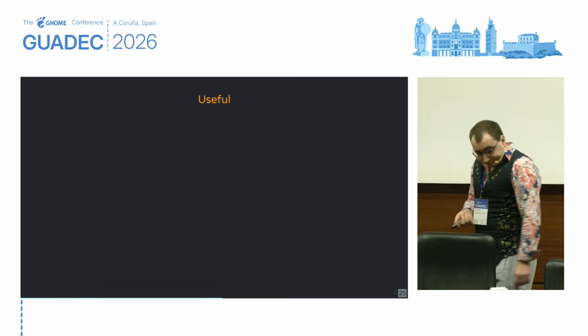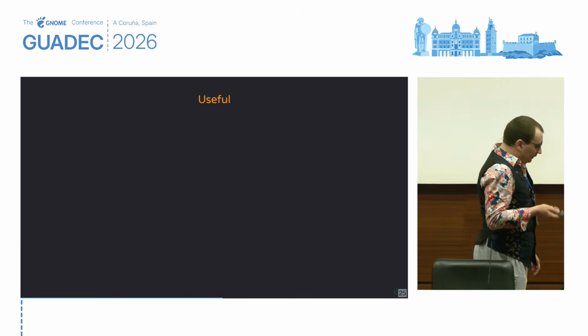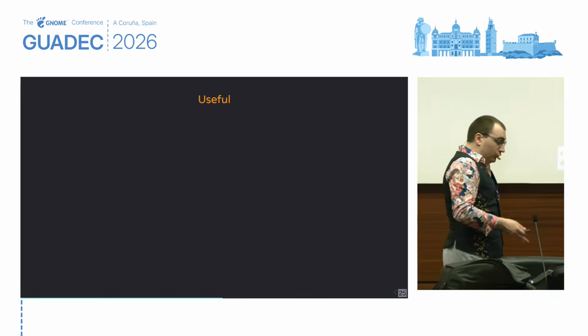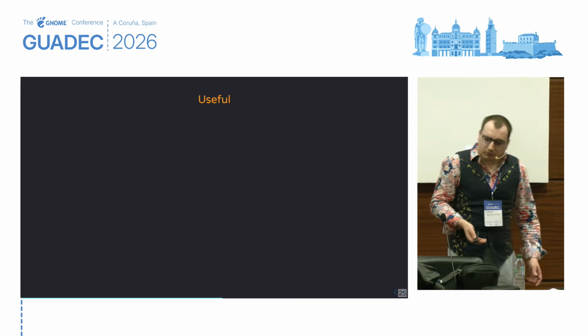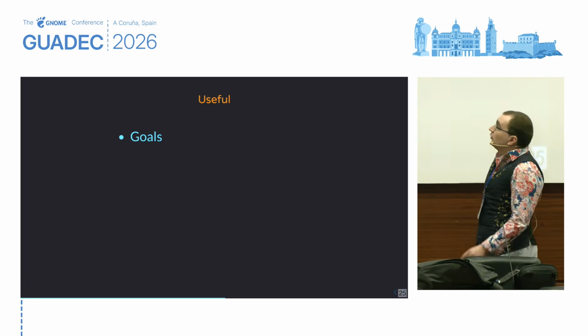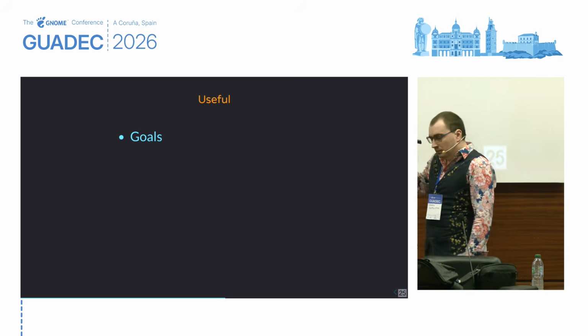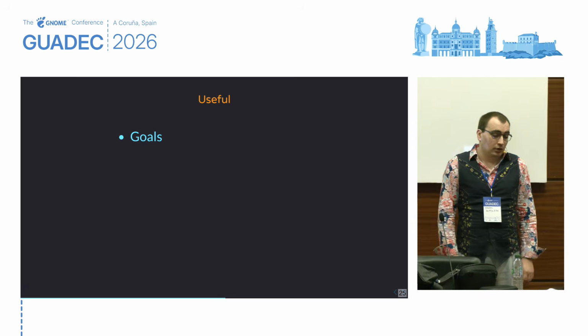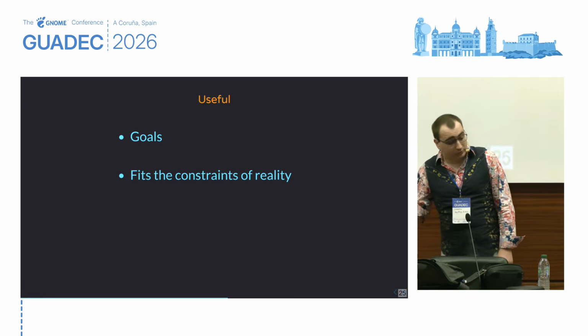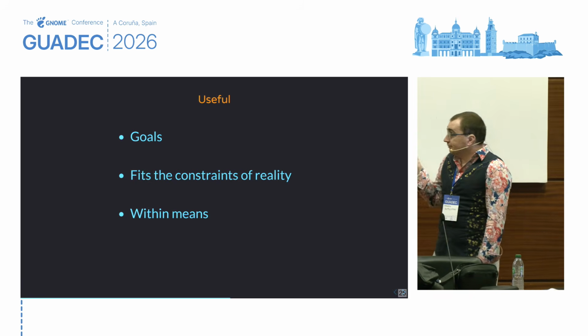So, okay, now comes the test. Is this model useful? Because it's wrong in some aspects, like all models, but is it useful? To be useful, remember, it needed to help us achieve our goals, fit the constraints of reality, and be within our means.